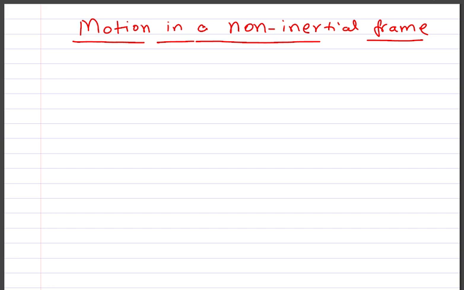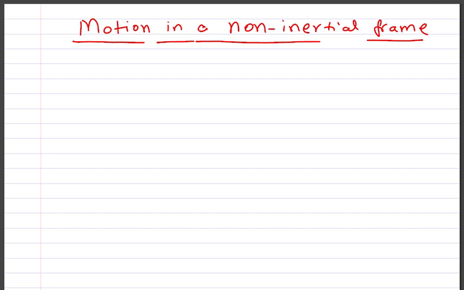You might remember from our previous class, an accelerated frame is not inertial, isn't it? Suppose you are stationary, or traveling with a constant velocity, then you are in an inertial frame where Newton's laws are applicable as they are.